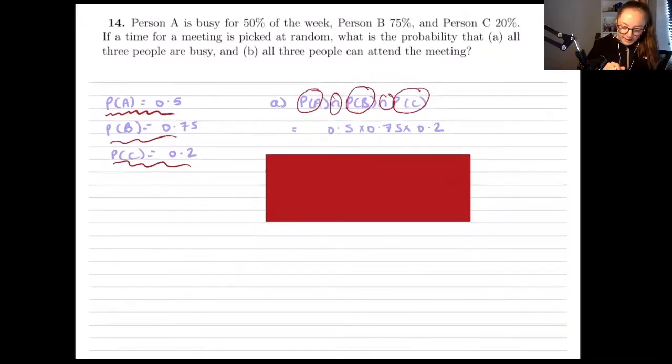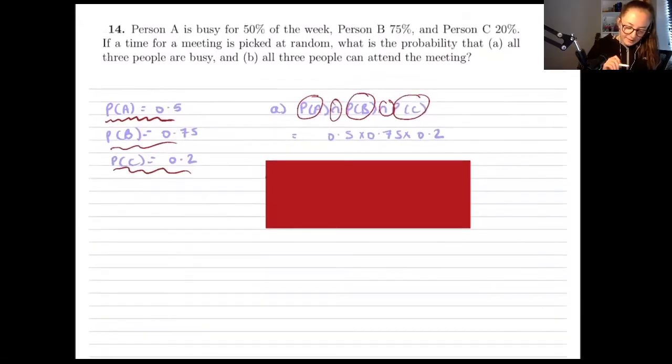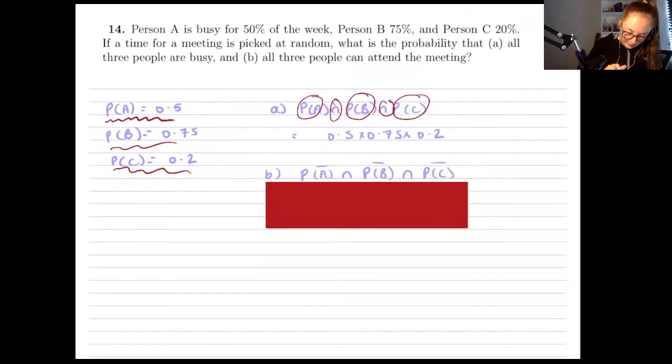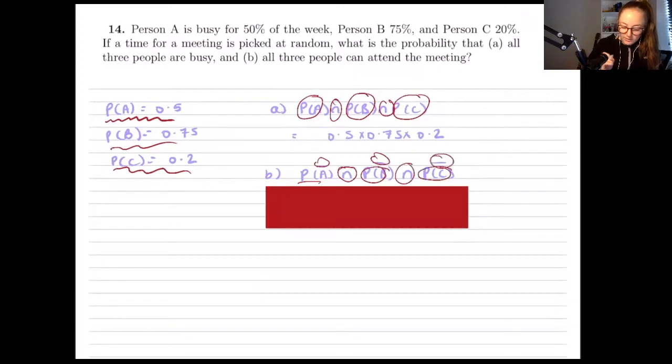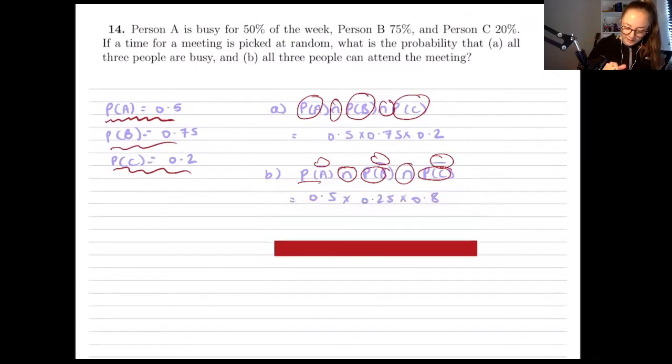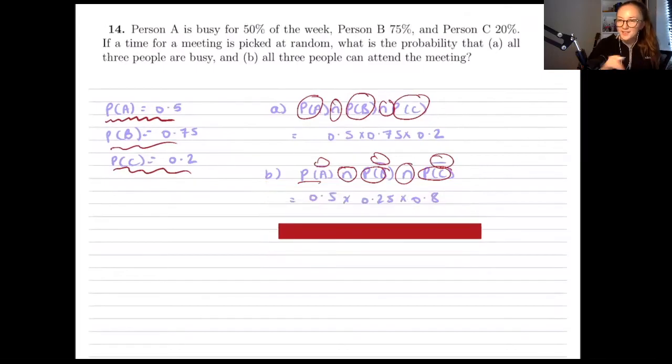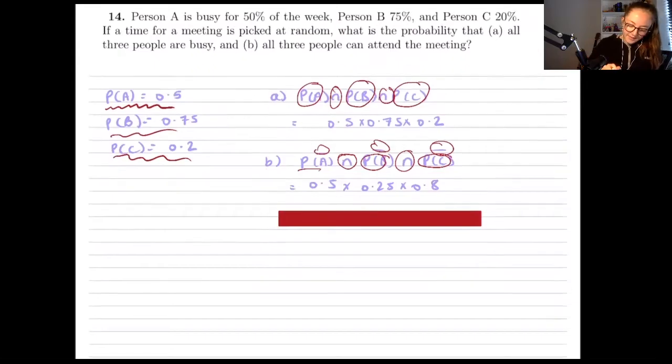And then the second part is asking for the probability that all three can attend the meeting. So in other words, that none of them are busy. So this says that person A is not busy and person B is not busy and person C is not busy. So we multiply the not probabilities, so the probabilities that they are free.